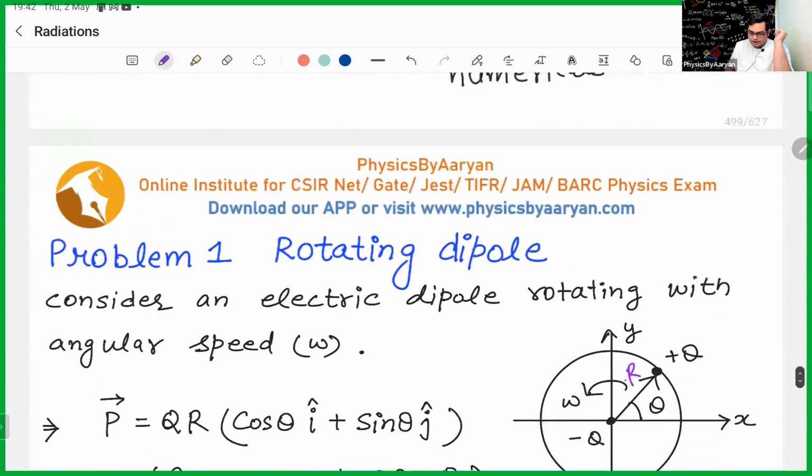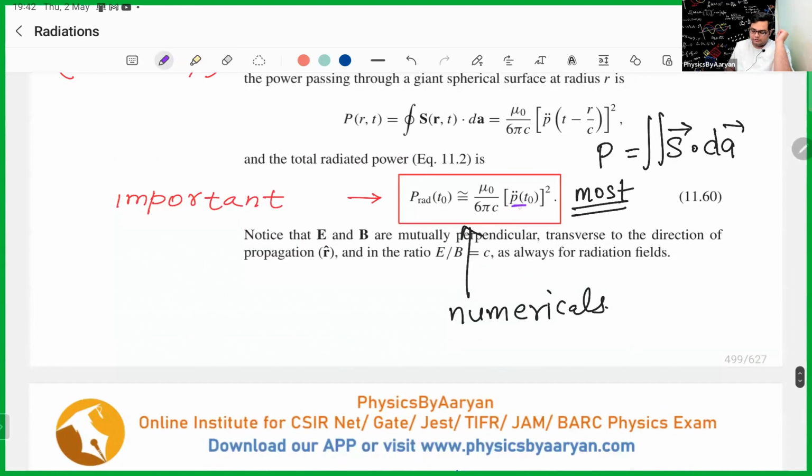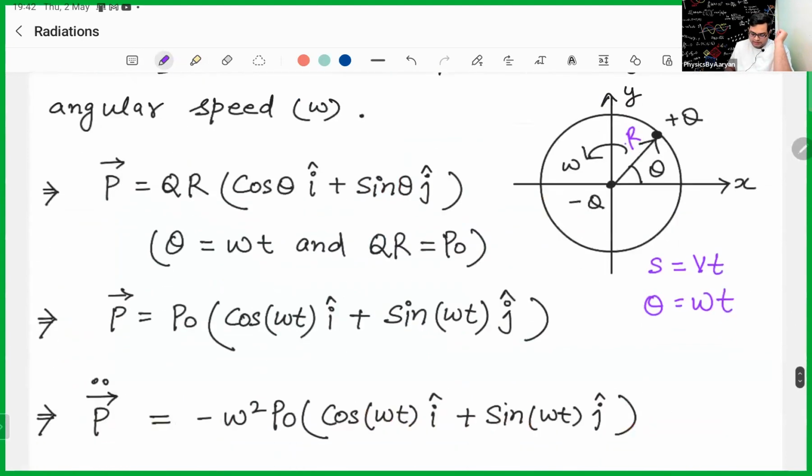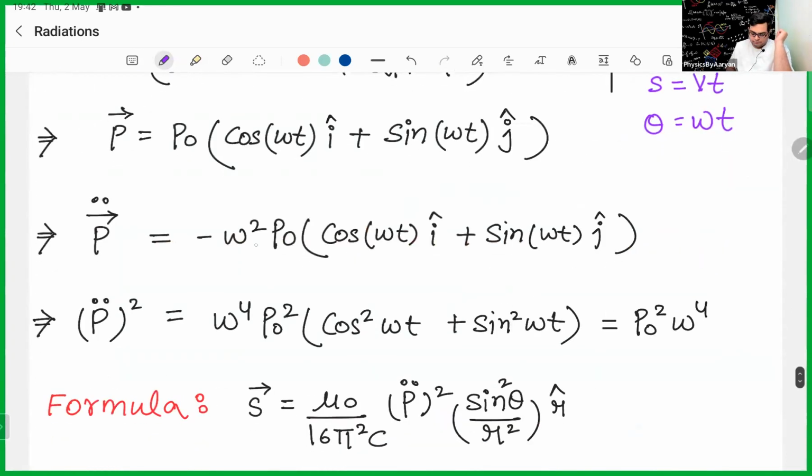Now, in order to find the power, I need the double derivative of the dipole moment. If I do the double derivative of cos, I get minus sin and then minus cos back, so there is a negative sign. Each differentiation brings out an omega, so two differentiations give omega square.